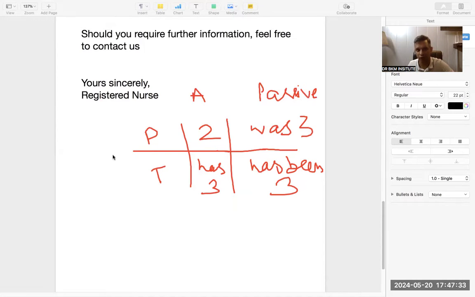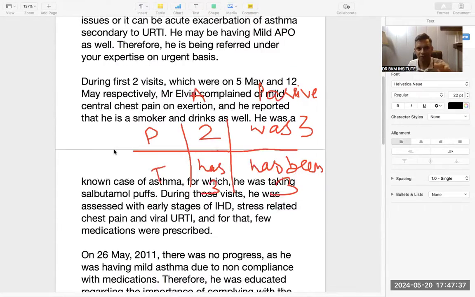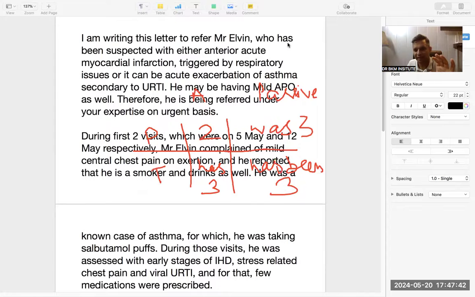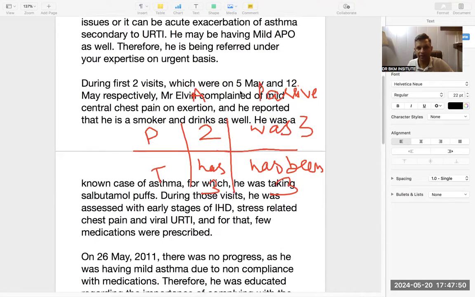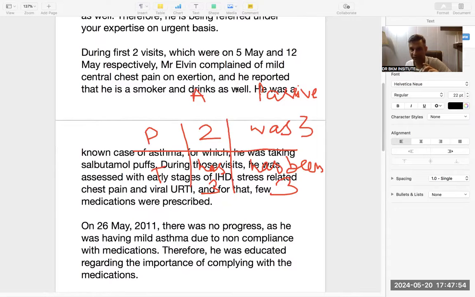Now I will again show you where I have applied this. Who has been suspected? Who has been suspected means today. Has been plus third form, passive voice, suspected by us. Then Mr. Elvin complained of. That means active past, second form.